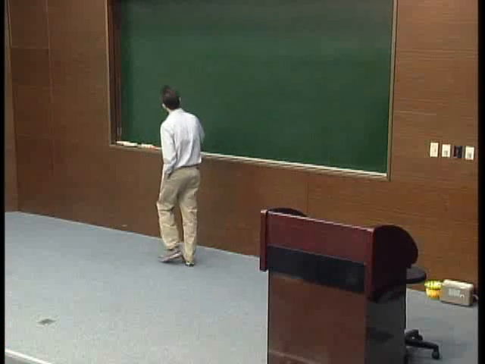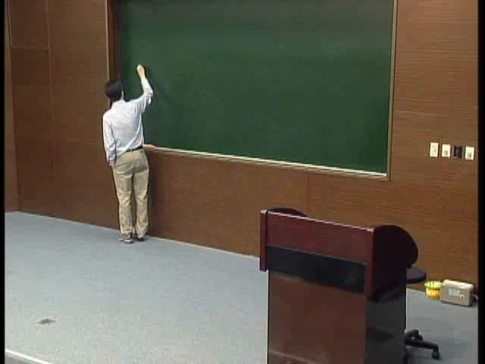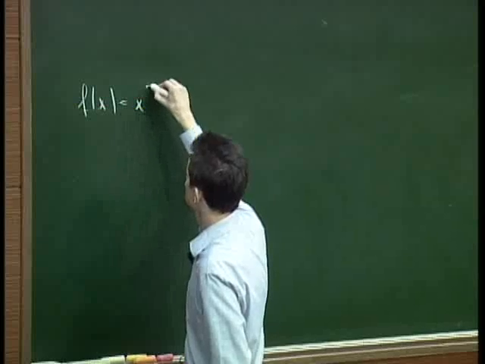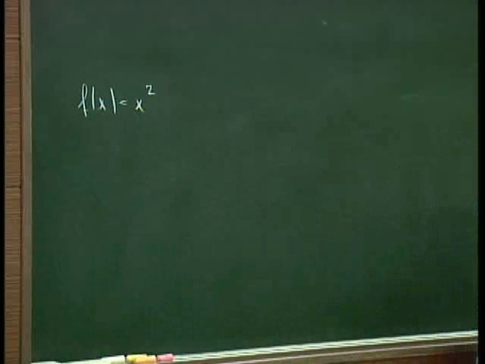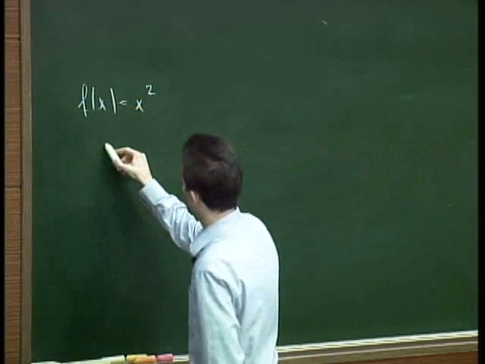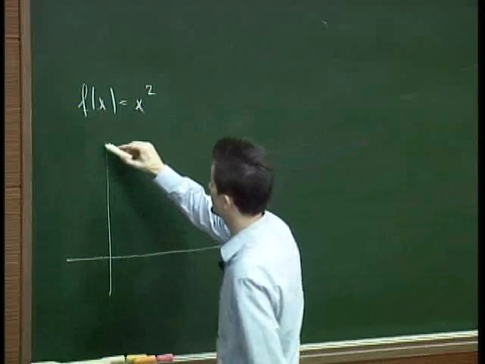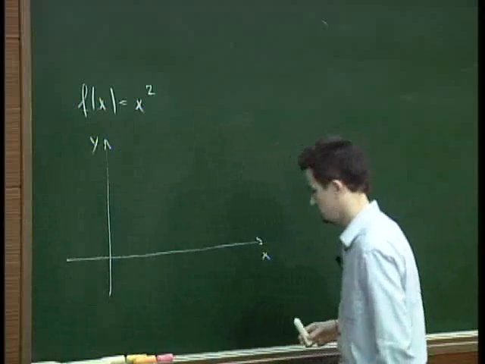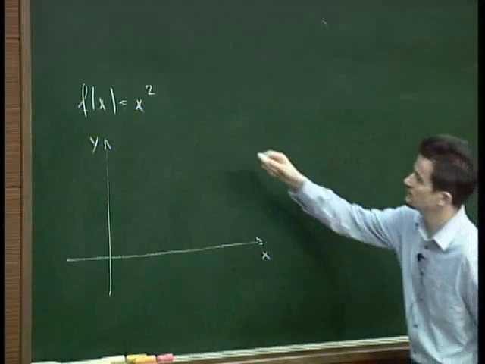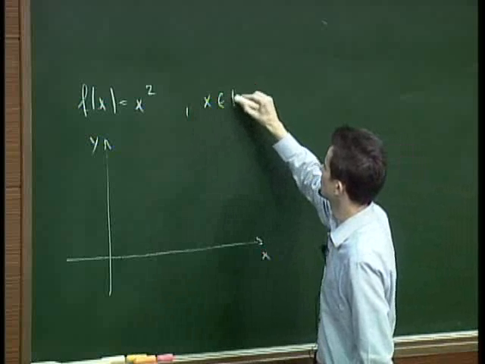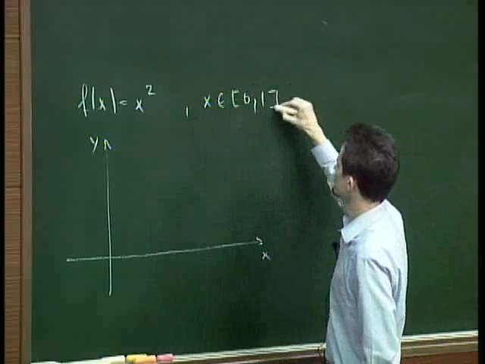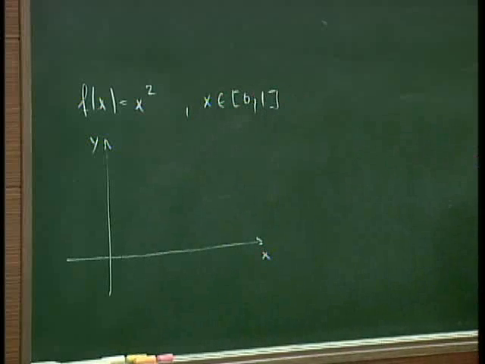Now, maybe let's start by looking at some example. So let's choose a very easy function, f of x is equal to x squared, just to see what is a good method to define the area. Now, let's assume we look at the function on the interval 0, 1.